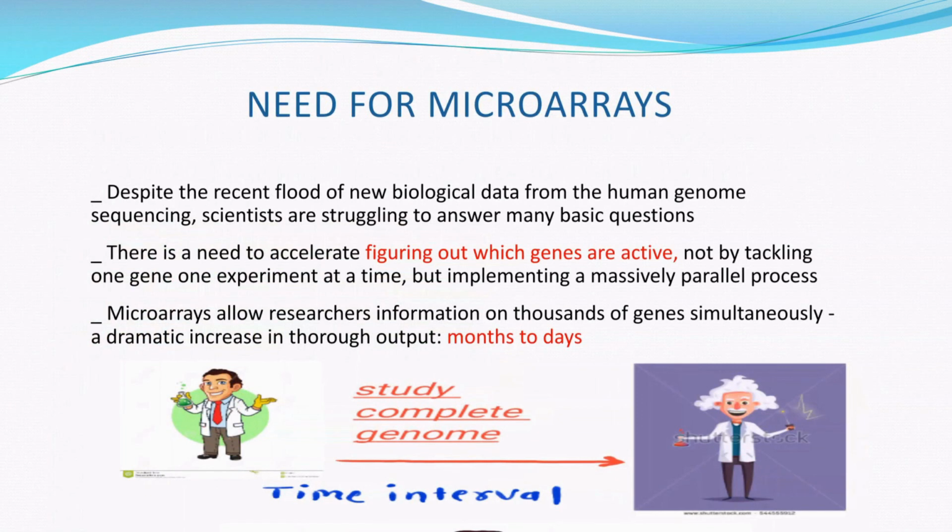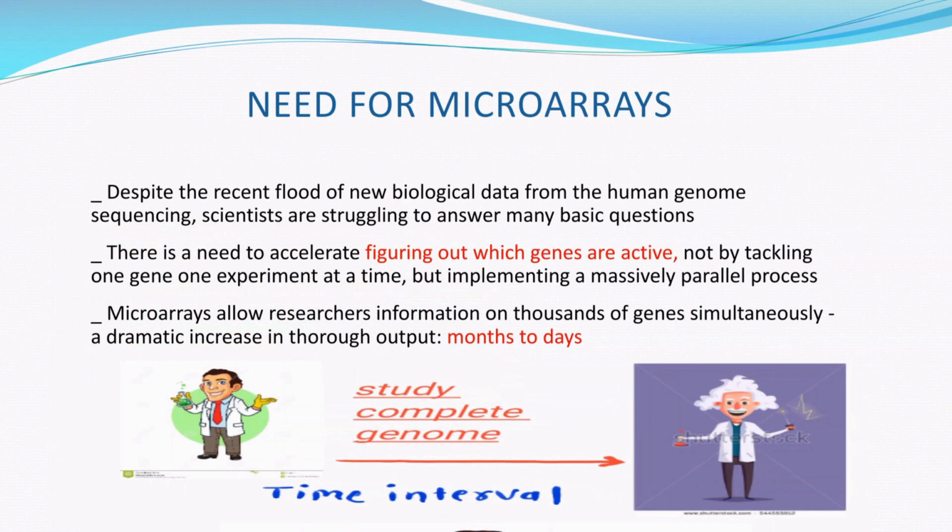Before the invention of DNA microarray, we were not able to measure the simultaneous activity of all 20,500 genes at a particular time. We were only able to measure one gene's expression at a time with the help of Southern blotting and other techniques.